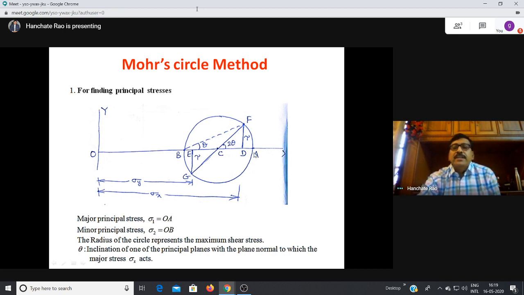This will again cut the x-axis at A and B.